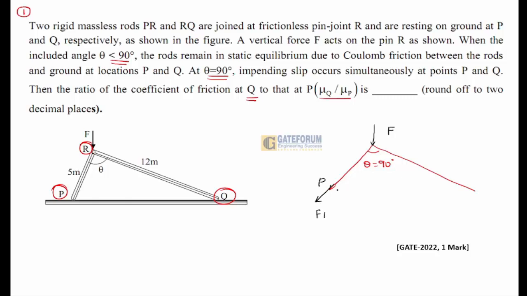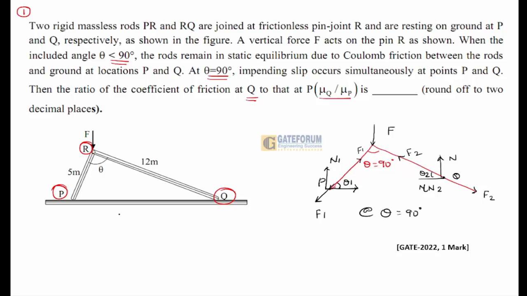At the point P, we have two reactions, N1 and mu N1, with angle theta 1. Here at Q, angle theta 2, reactions mu N2 and N2. This is the force F2. So obviously F2 and F1, taking theta at 90 degrees. Don't get confused by this.